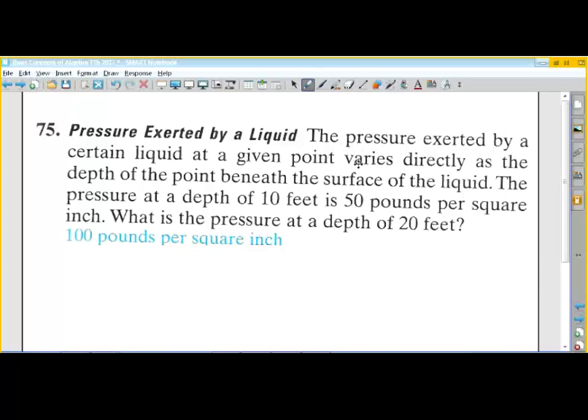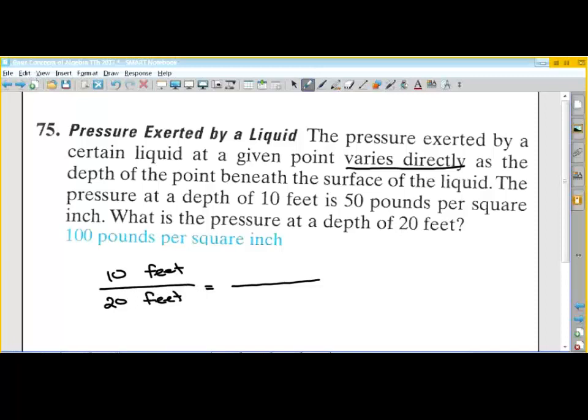so in this case, the pressure varies directly. If you see varies directly, you know you can set it up as a ratio or a proportion. And again, you can look at it two different ways. You've got three things here: two measurements of distance and one measurement of pressure. So we can set it up as a ratio where the length information is one proportion and the pressure information is the second proportion.